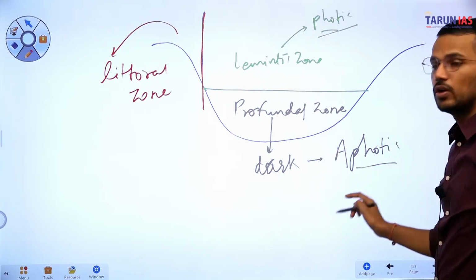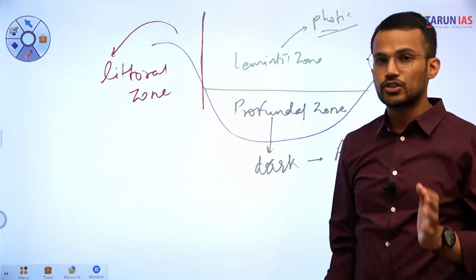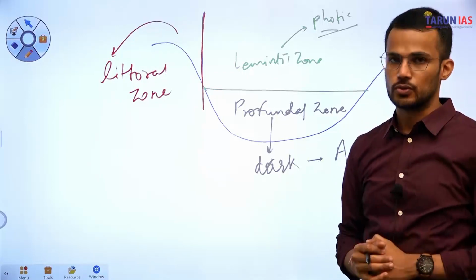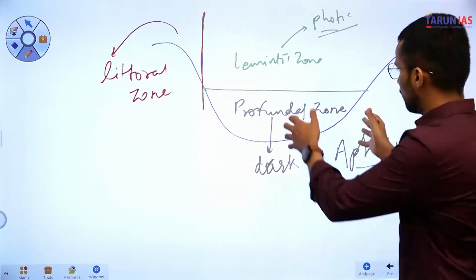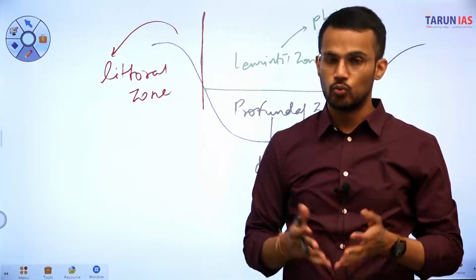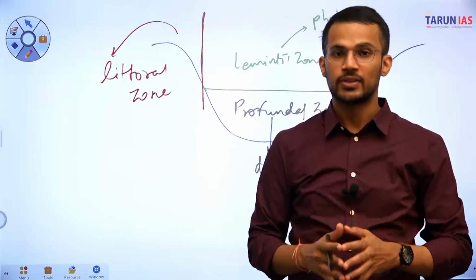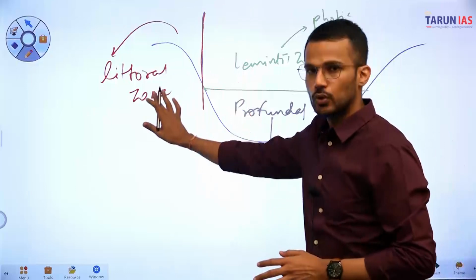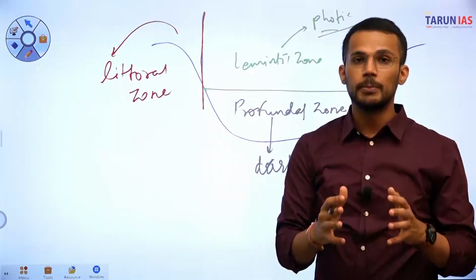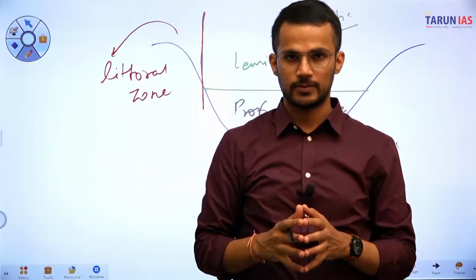That means sunlight will not be available in this profundal zone, and that's why production of food material is not possible here. But this profundal zone in a lake ecosystem is quite limited. Why? Because lakes are shallow water bodies, and hence the littoral zone and limnetic zone of the lake ecosystem will make lakes more productive than ocean water bodies, right?